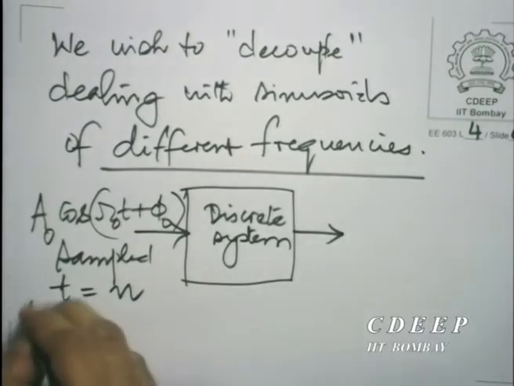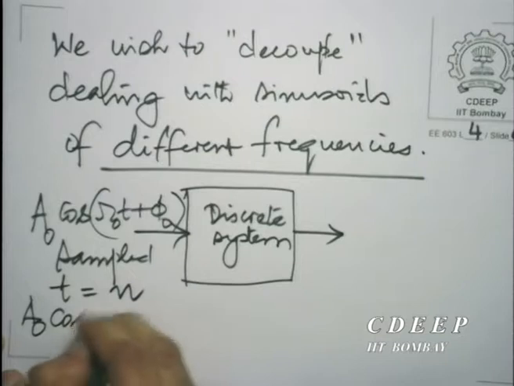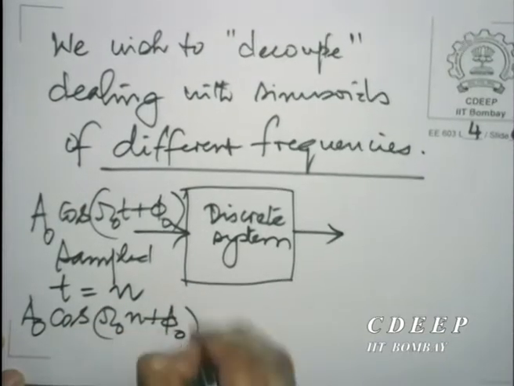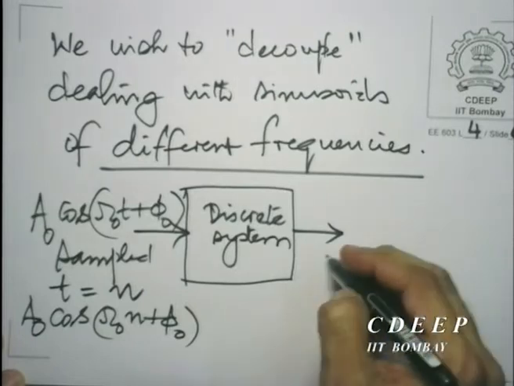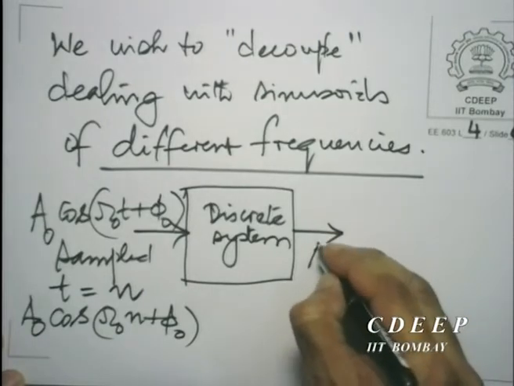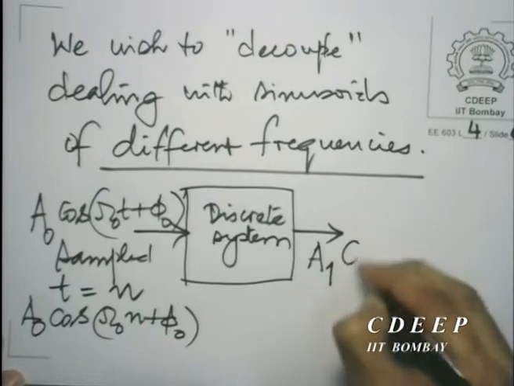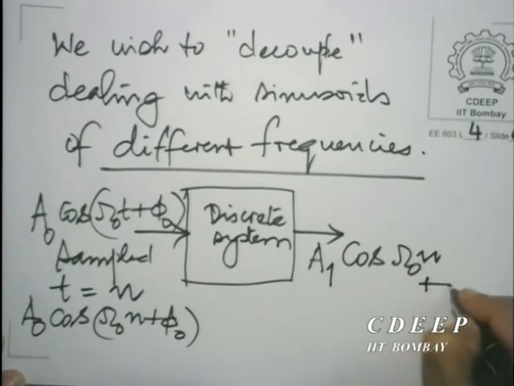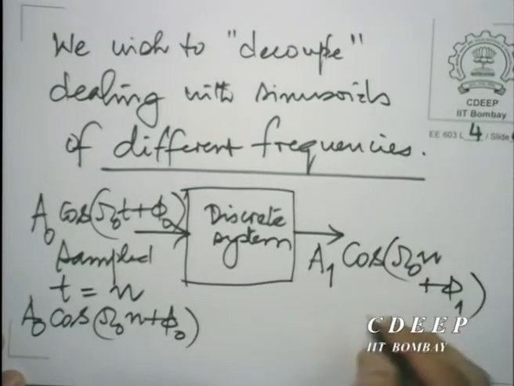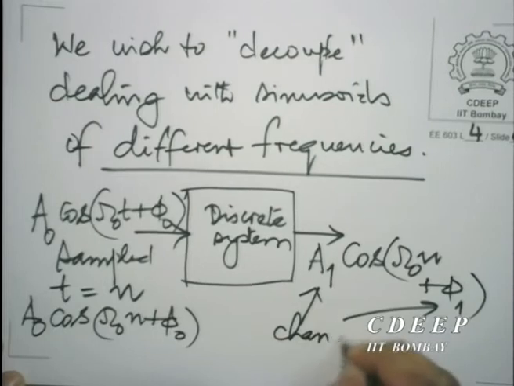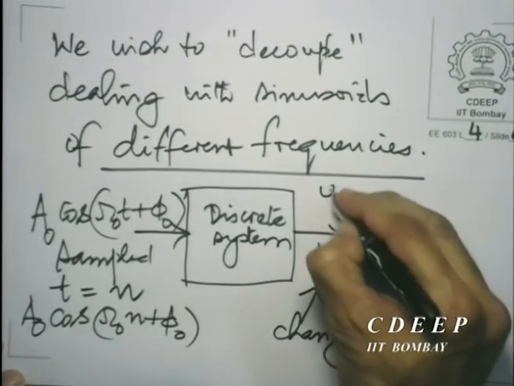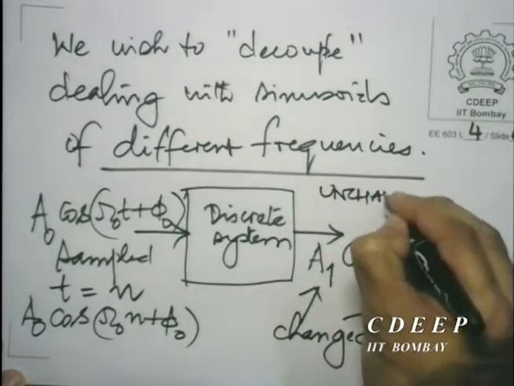So, I get A0 cos(omega 0 n plus phi naught). What appears is again A1 cos the same frequency omega naught n, but changed in phase and amplitude. So, the phase and amplitude are changed, but the frequency is unchanged. That is important.